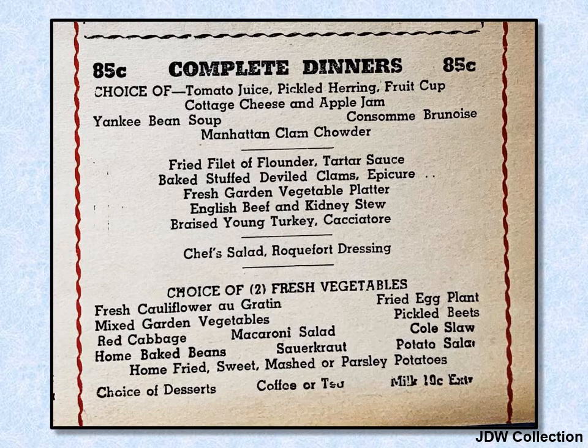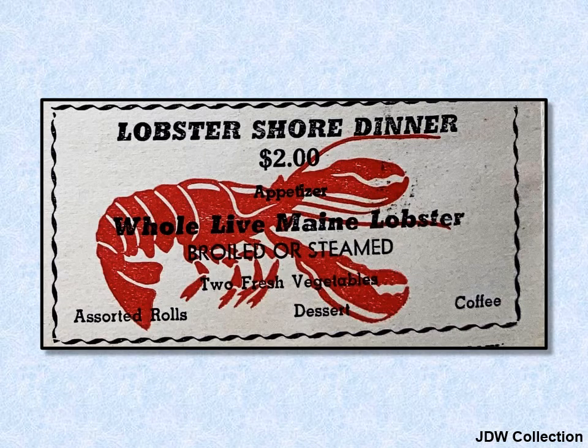But let's look at what they consider to be an expensive item. And that's a lobster shore dinner. It would cost you $2. You'd have an appetizer. You'd have 2 fresh vegetables, assorted rolls, dessert, and coffee. How much is that going to cost us today? So I went online and searched for the best seafood place in Philadelphia.